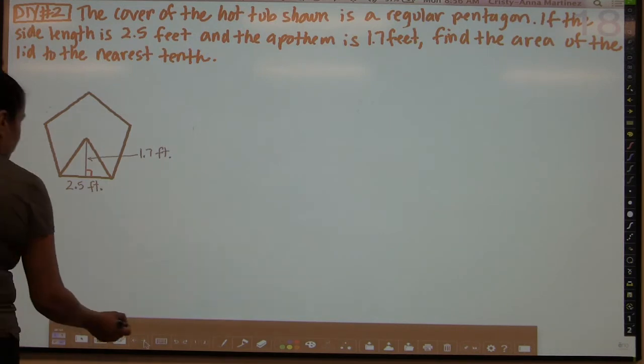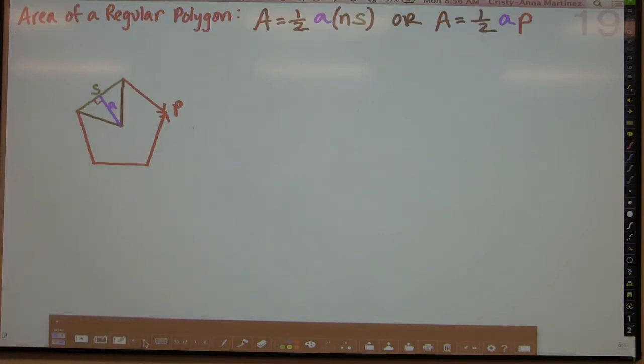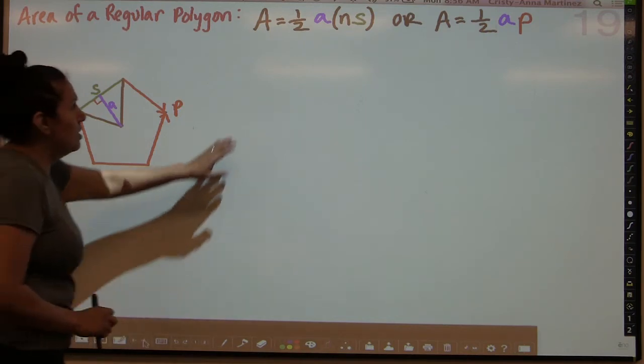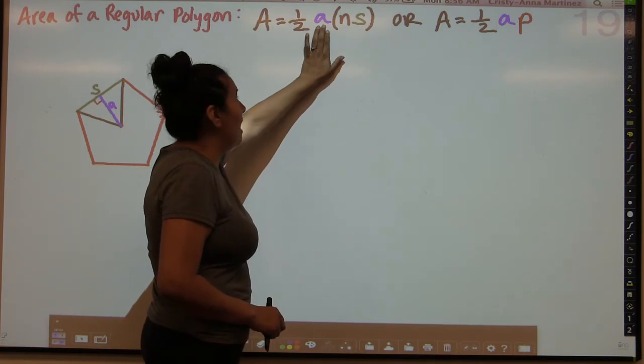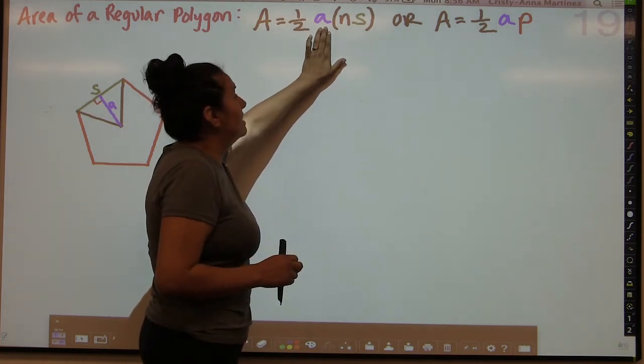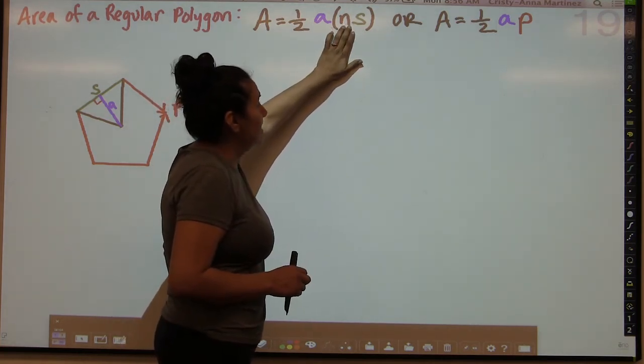But then we're going to introduce you to a different method of finding the area when it comes to a regular polygon, because we have a formula. So the area of a regular polygon is equal to 1/2, the a value here is apothem, 1/2 the apothem, which is kind of like the height, times n times s.